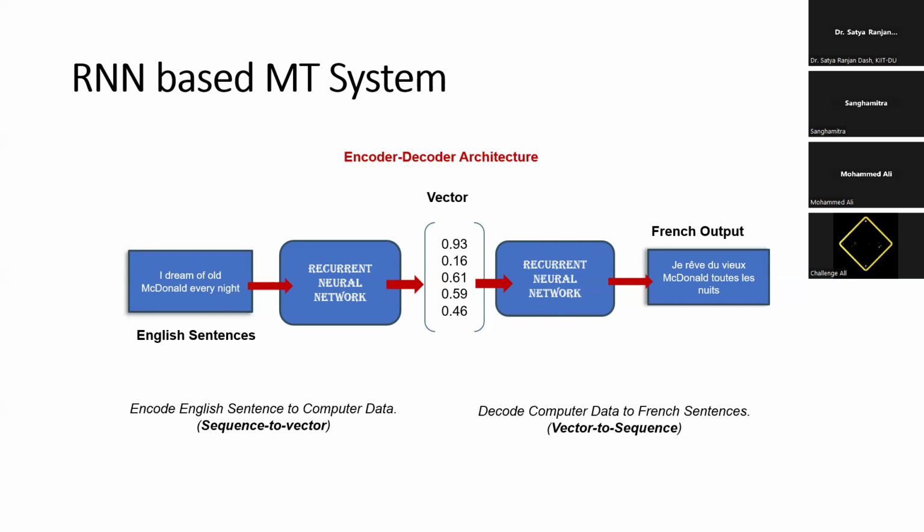Here's an example which translates English to French, and you can see the 2 neural networks, one on the encoder side and one on the decoder side. So basically, this RNN uses an encoder-decoder architecture to translate text in English to text in French.